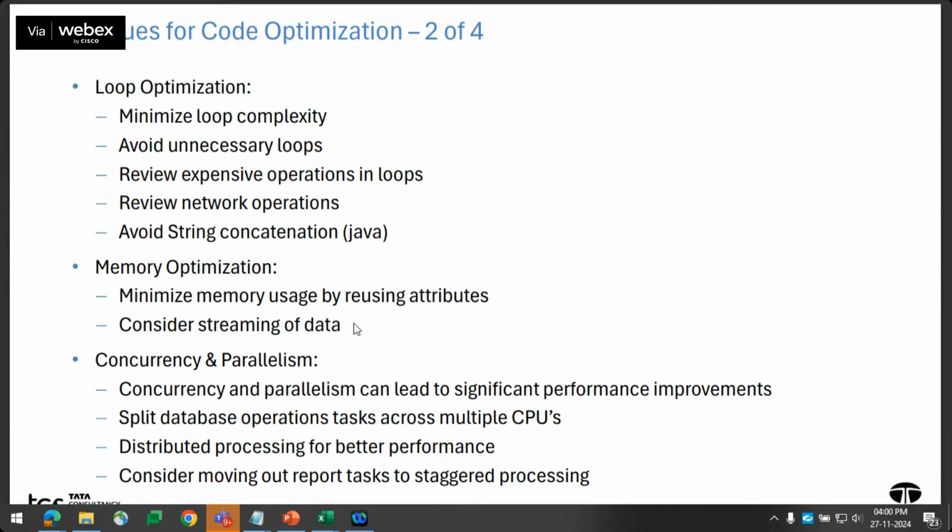So we need to see if we can utilize that and run on multiple CPUs. A lot of these database operations also can be executed across multiple CPUs, and a Hadoop kind of system allows processing in a distributed manner.